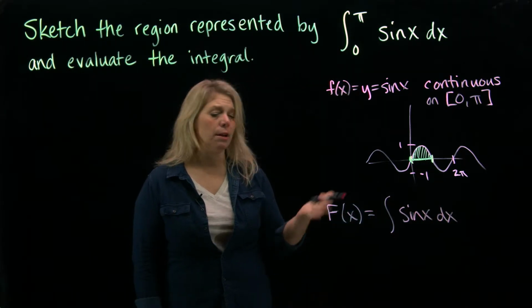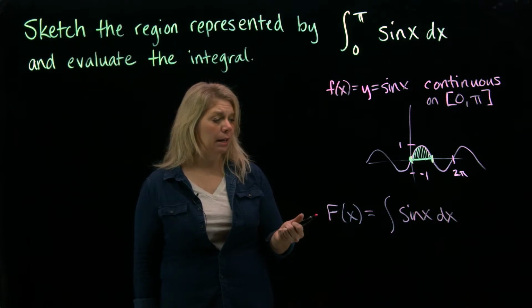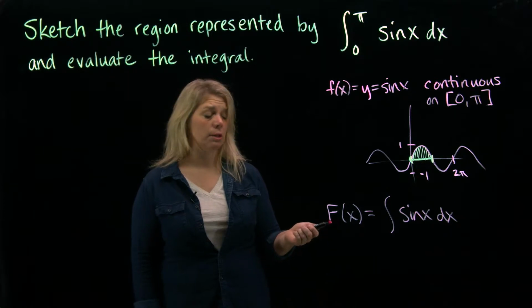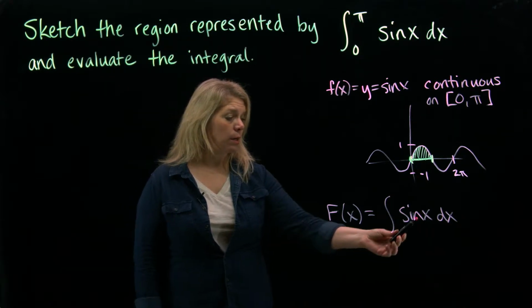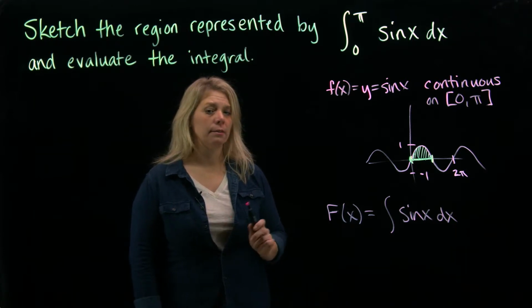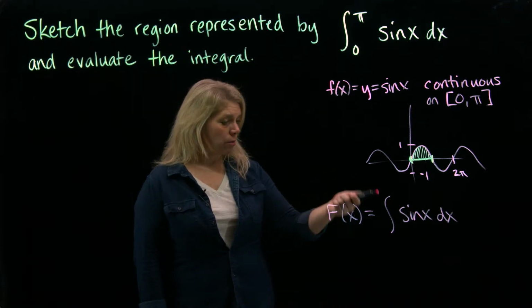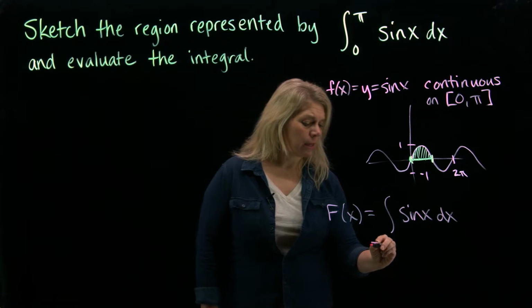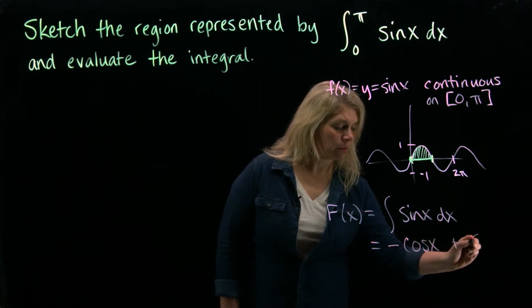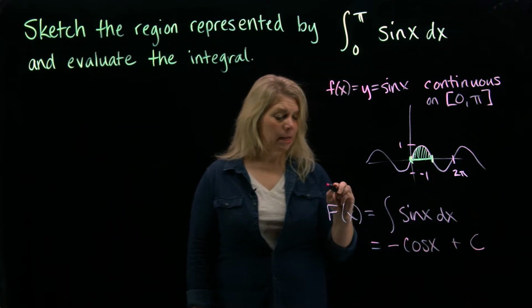We also know that if we have an antiderivative that I need to find that is not one I know, we have a technique called U substitution that we might be able to use. But this is one you know. So you should know that the derivative of cosine is negative sine. So the antiderivative of sine is negative cosine of x plus c, if we're talking about antiderivatives.